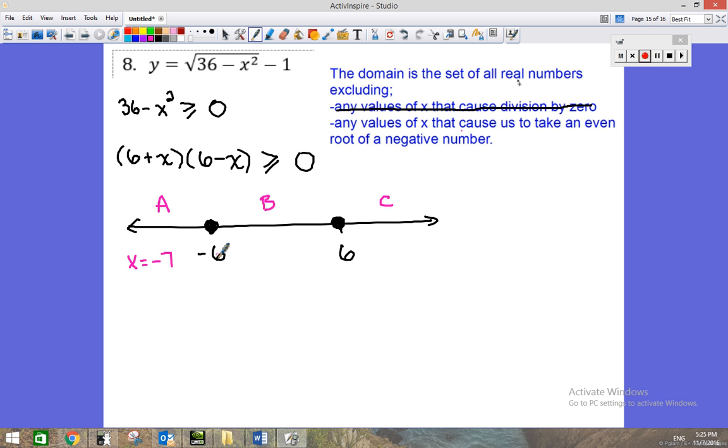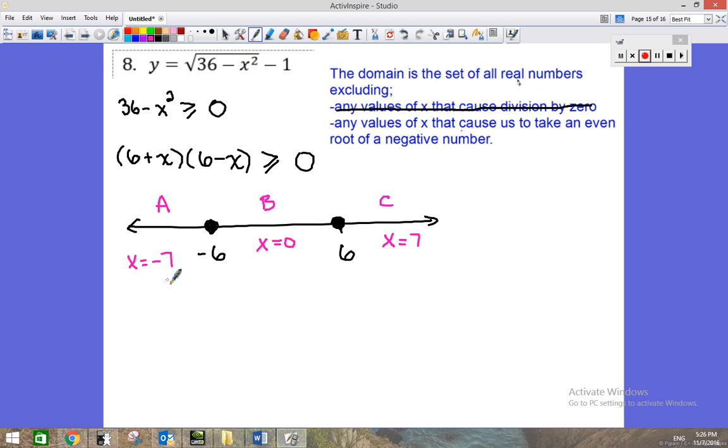And between a negative number and a positive number, 0 is always a fantastic test point because 0 is always easy to do arithmetic on.